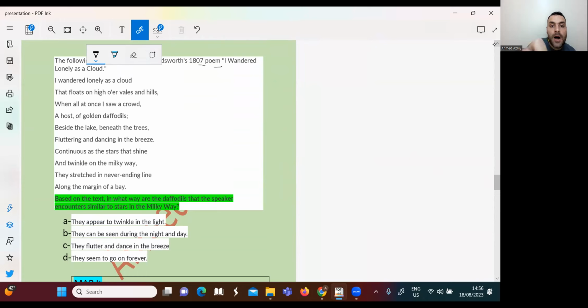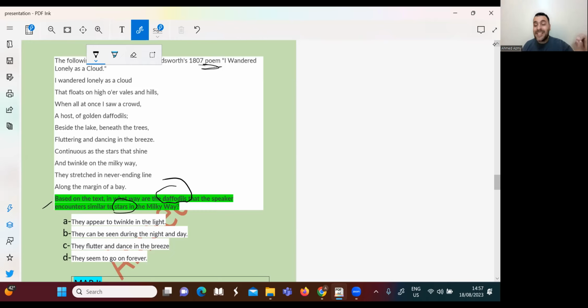It's a poem. I wandered lonely as a cloud. The stem of the question says: based on the text, in what way are the daffodils that the speaker encounters similar to the stars? In what way are they similar?